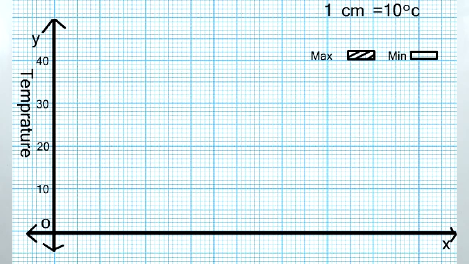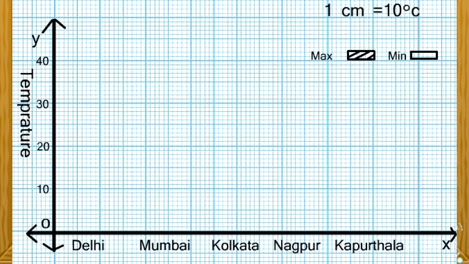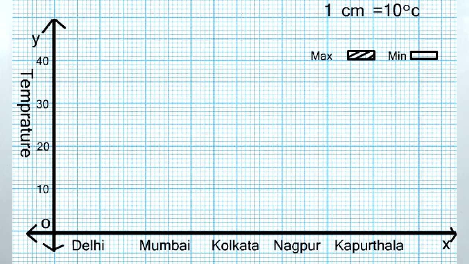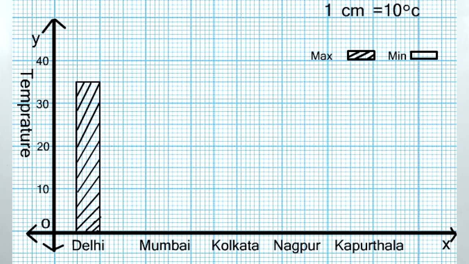On x-axis, we will represent cities Delhi, Mumbai, Kolkata, Nagpur, Kapurthala. Now, we will represent the data of Delhi with maximum and minimum temperature. Maximum is 35 degrees, minimum 26 degrees.